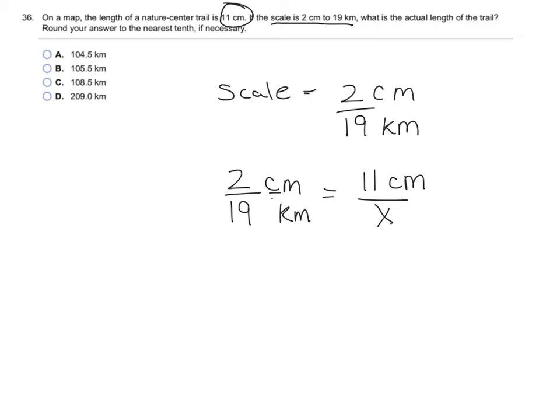Now that I have my proportions set up, I'm just going to cross multiply and solve for x. So 2 times x is 2x, and that equals 19 times 11. And 19 times 11 is 209.